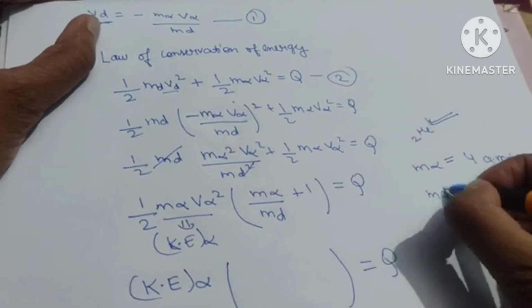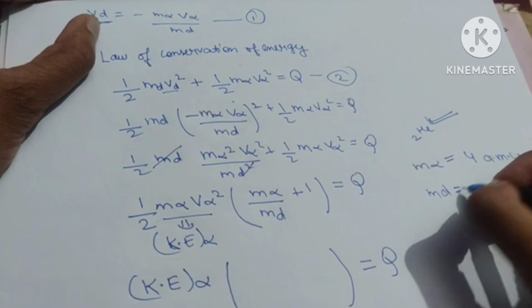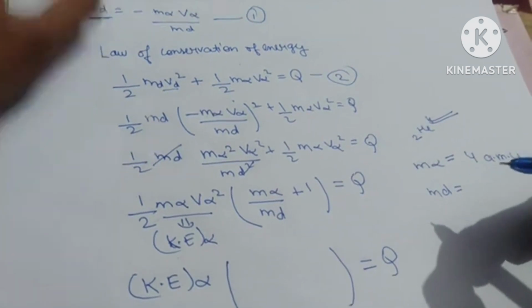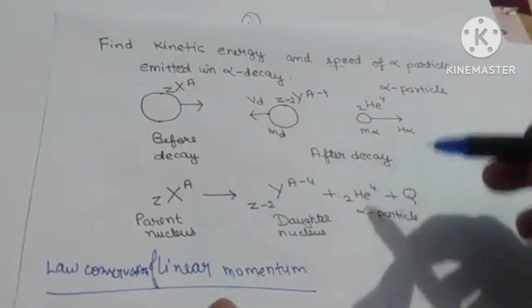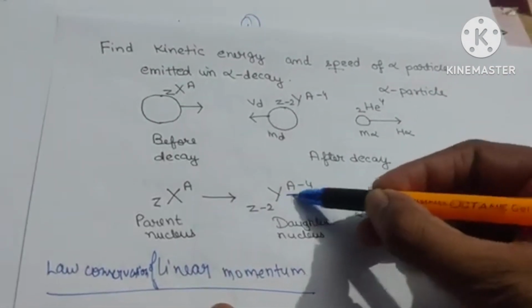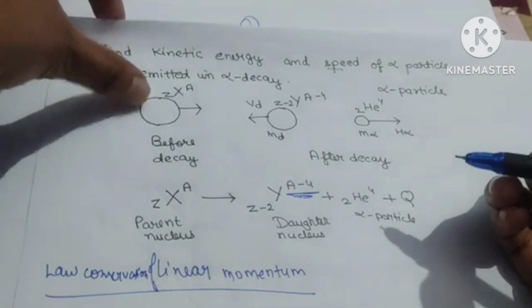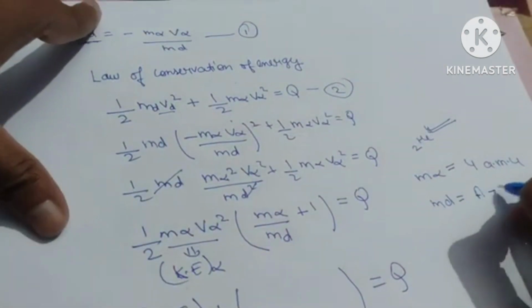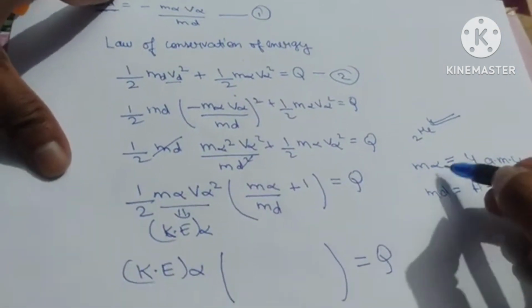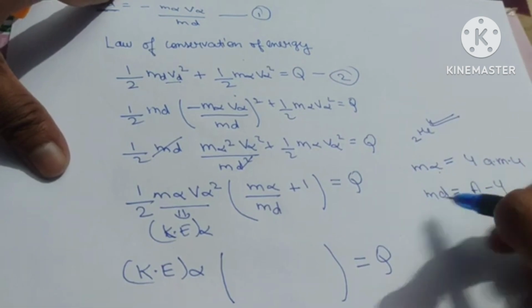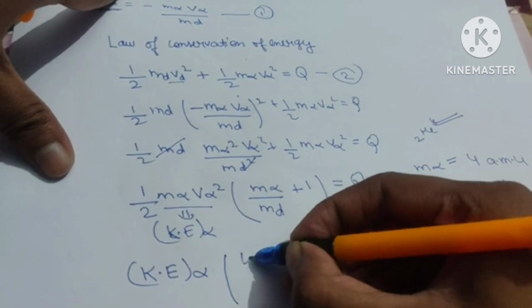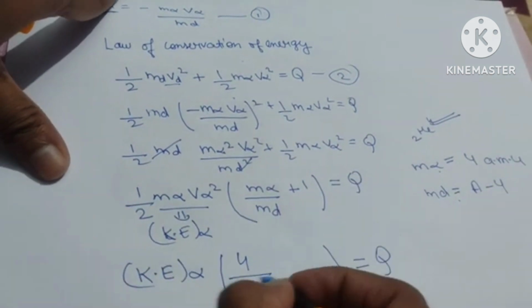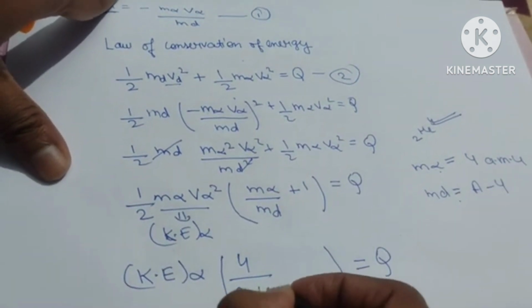The mass of the daughter nucleus, from the beginning page, is A minus 4. So write A minus 4 here and put the values: 4 by A minus 4 plus 1.